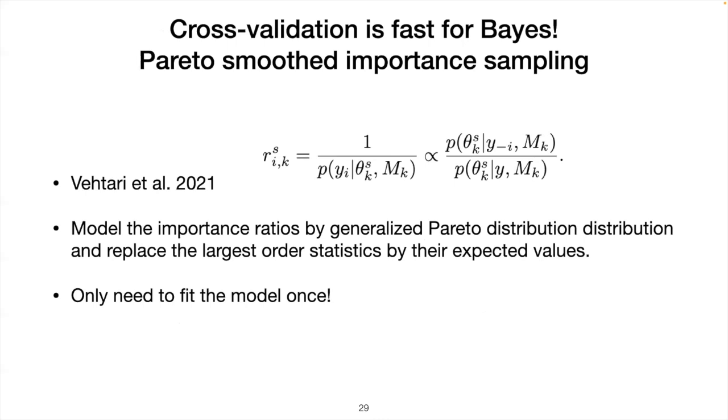For each theta and each data point y i, you compute the importance ratio, which is the inverse of the likelihood. Then you run this Pareto smoothing to stabilize the ratio, to make it always have finite variance, because you replace the ratio by the expectation in a generalized Pareto model. In a way, you truncate the extremely large numbers. And then you only need to fit the model once.